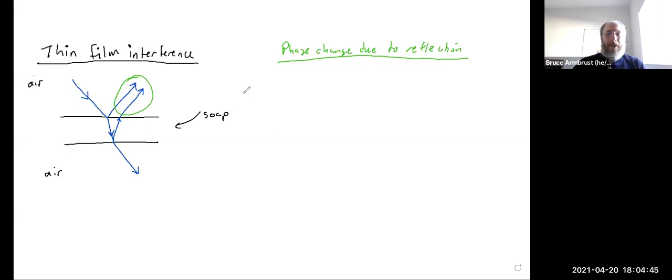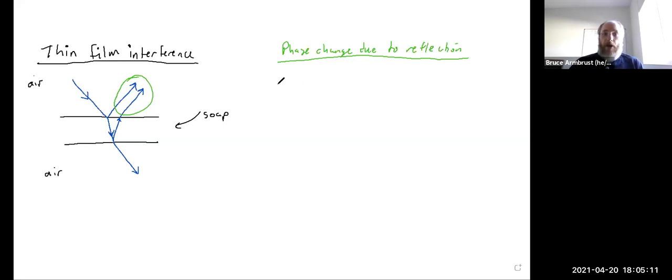And we talked about this when we talked about waves last year. Remember the idea of a wave on a string that's tied down versus one that's free to move up and down? I say remember like I expect you to remember, but we did talk about that. And it's kind of the same deal here, that some of these waves are going to get a phase change due to reflection.